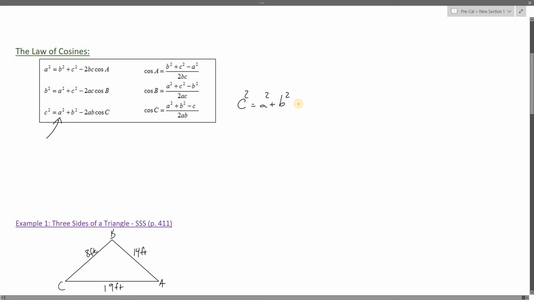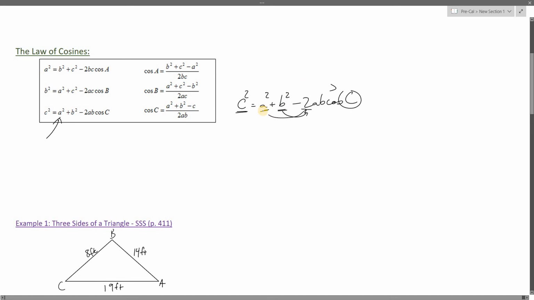What we do after that is we add minus 2ab cosine of C. And then you'll notice that these are pattern based. So whatever you're solving for is equal to the other two sides squared, minus 2 times those sides and the cosine of whatever angle you're trying to find.